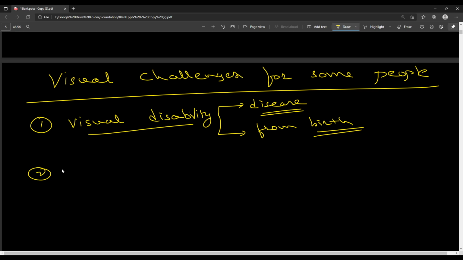We have the Braille typewriter. These are visual aids, basically devices which can be used by people with visual disability.